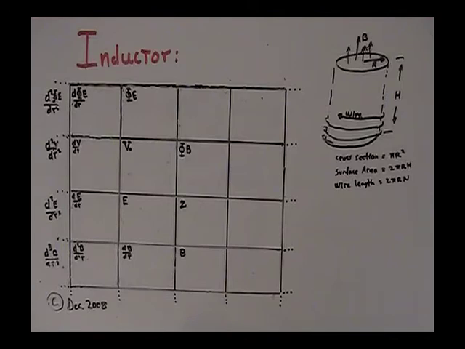So we can write then that E equals V over 2 pi rn, and that leads us to a simple expression, mu naught 2 pi rn over 4 pi h dI naught dt. Put that in here.